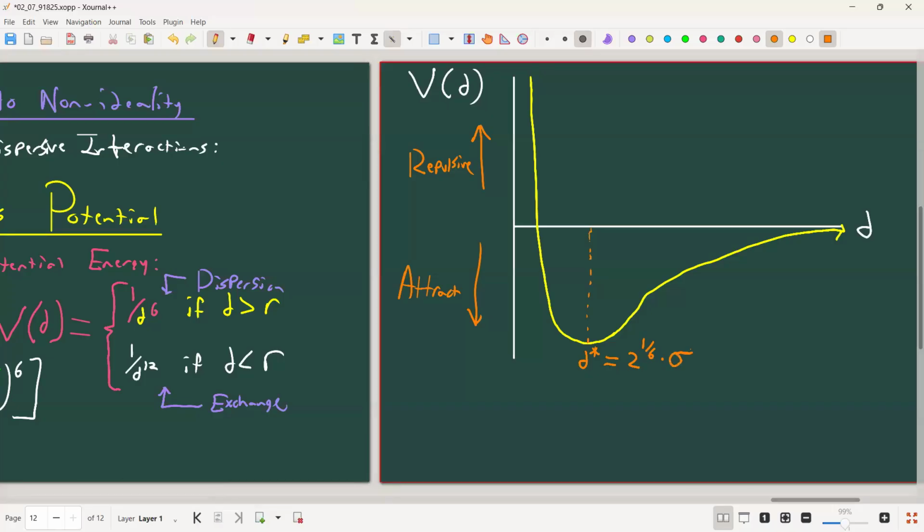So sigma tells you something about where the optimal position is between the two atoms. And the depth of this, how attractive the minimum is, this value right here, is minus epsilon. Right, so just like I said, epsilon tells you how strong the attraction is, and sigma tells you where the Goldilocks spot is between the two molecules.